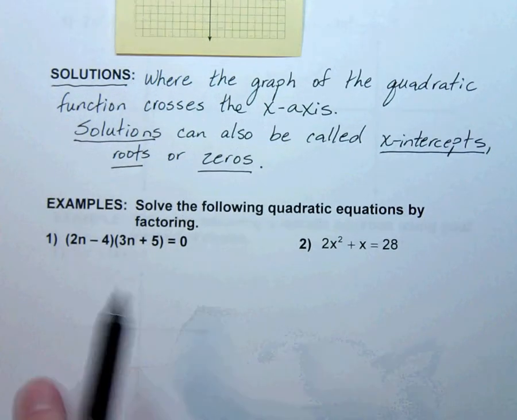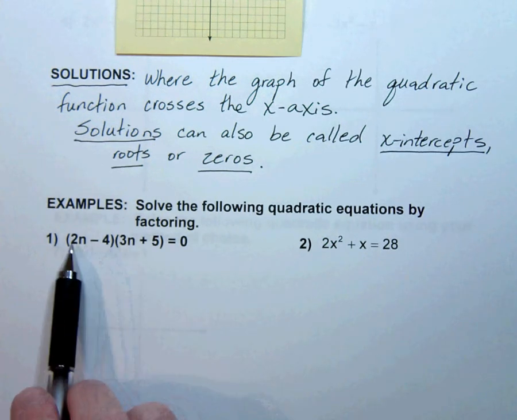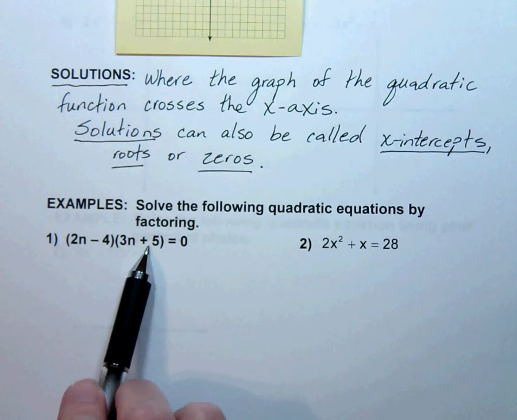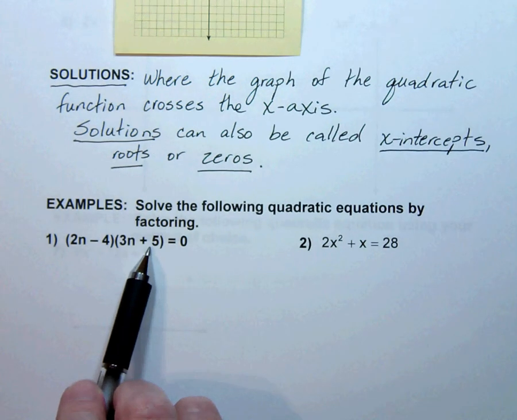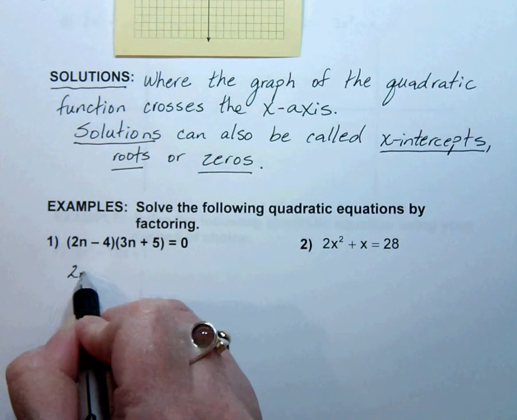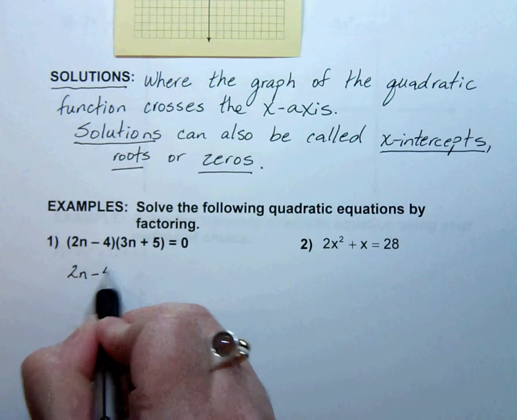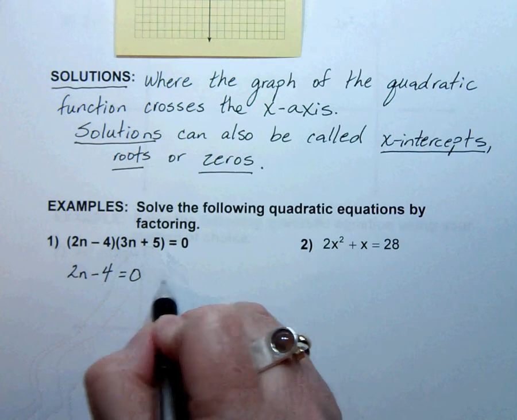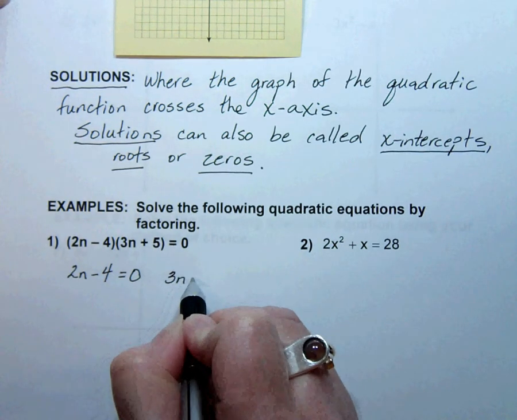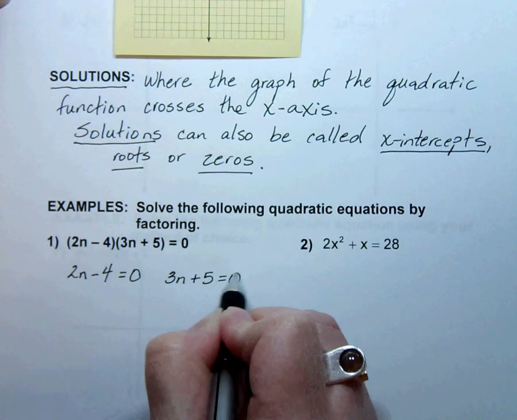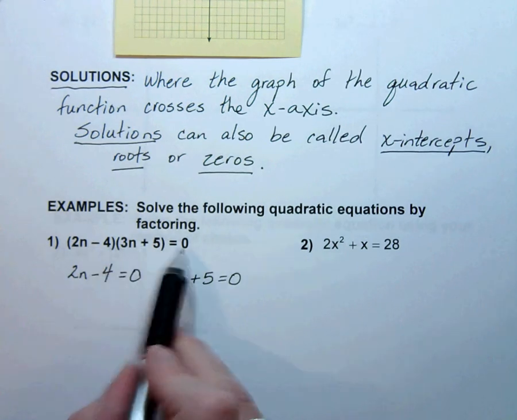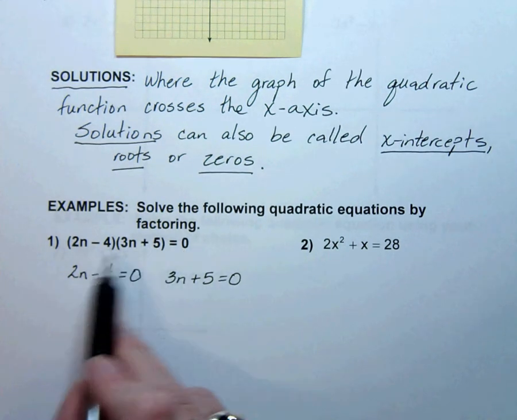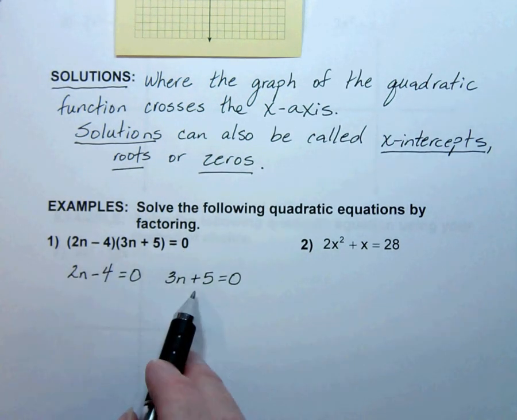This first one is already factored for you. Do you see the two binomials, 2n minus 4 and 3n plus 5? It's called the zero product property. If you set each of the two factors equal to 0, because when you multiply to get 0, you have to use one of your factors being 0, you just set each one equal to 0.